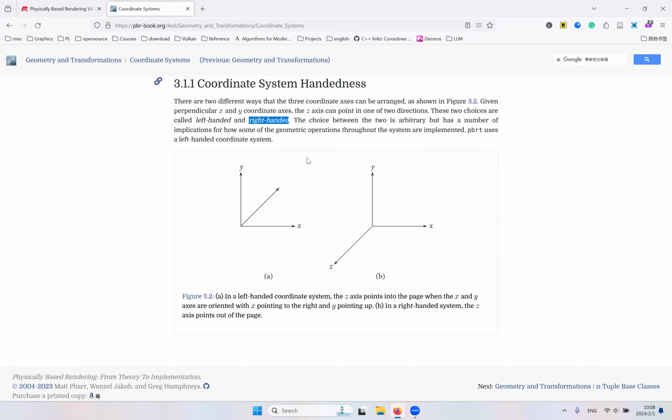Different software uses different conventions, so we need to be clear which is which. PBRT uses a left-handed coordinate system. And here is a description of what left-handed and right-handed are.